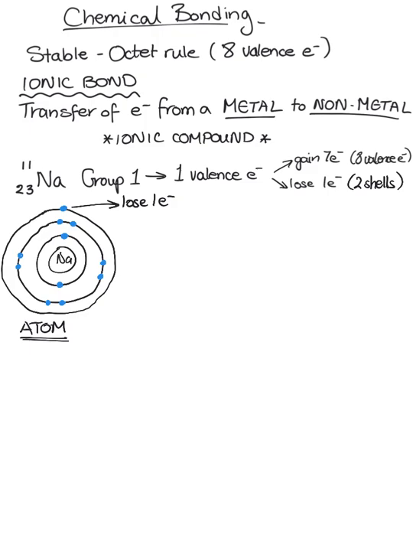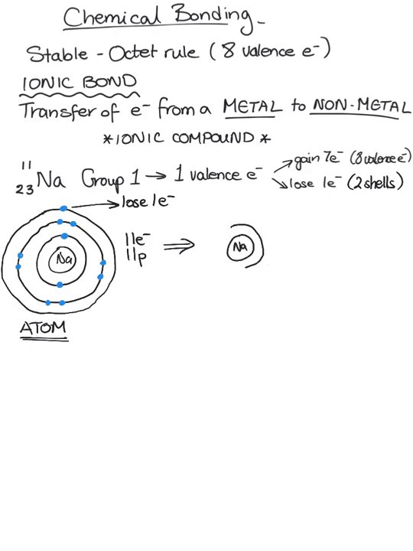Now, when it loses this 1 electron, sodium is no longer neutral. Because remember, we said that the atom is neutral because it has 11 electrons and 11 protons. But now that it lost an electron, we no longer have those numbers. So let's draw what it would look like. Well, here's sodium.